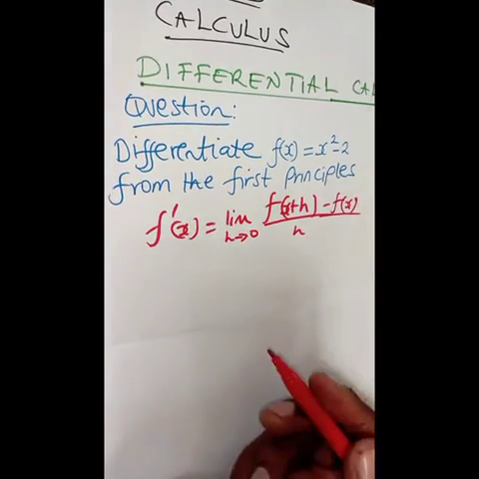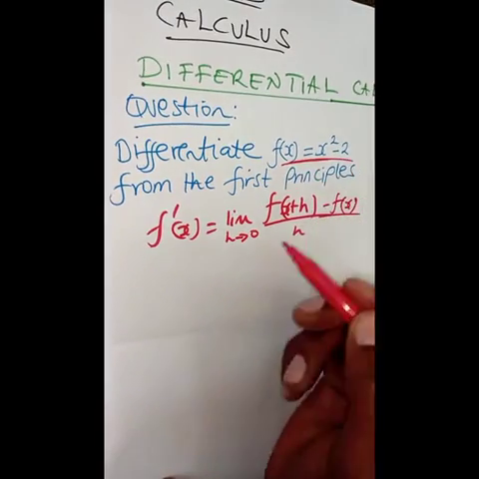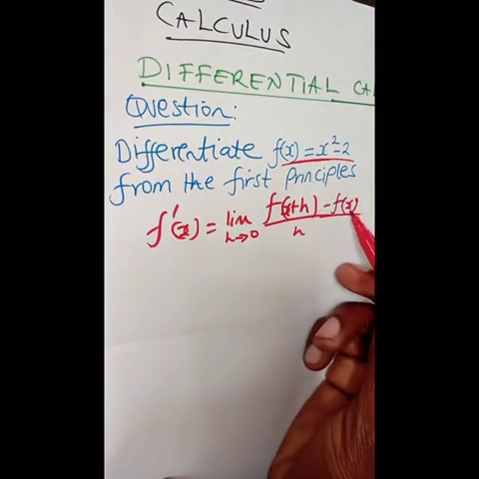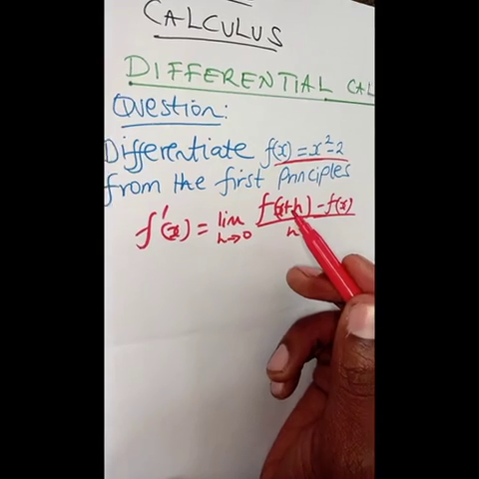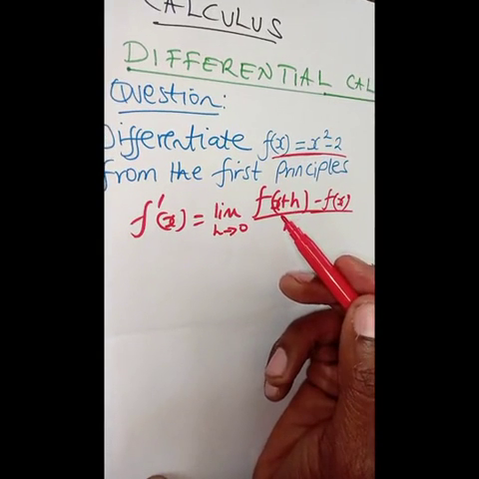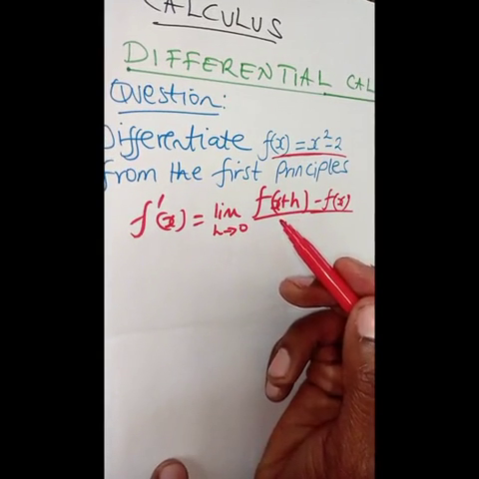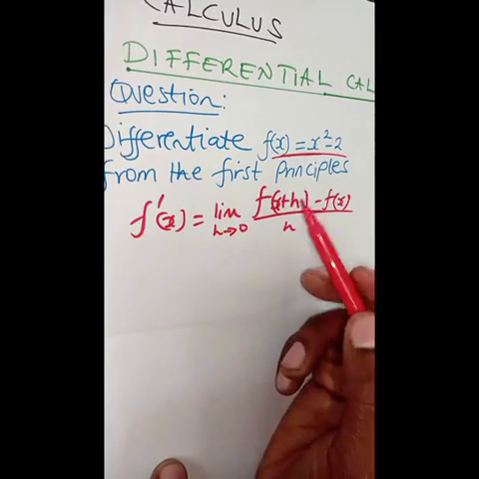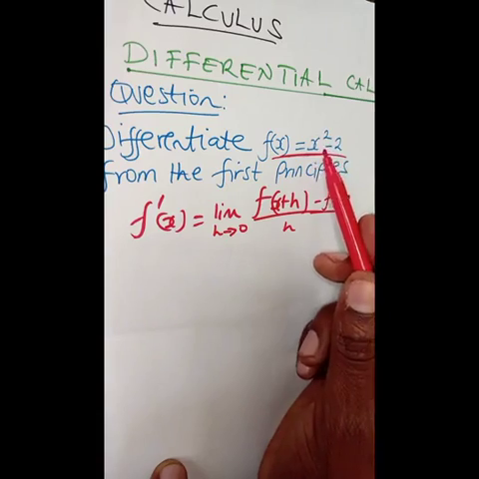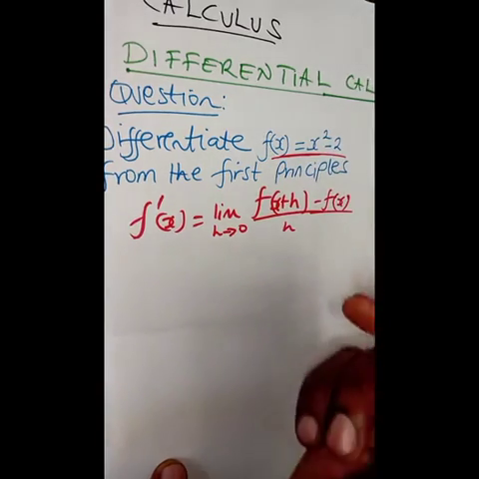So now what we have to do here is to replace the function into this. As you can see, you get the concept under functions. You need to replace where there's x here, you put x plus h. So let us replace.